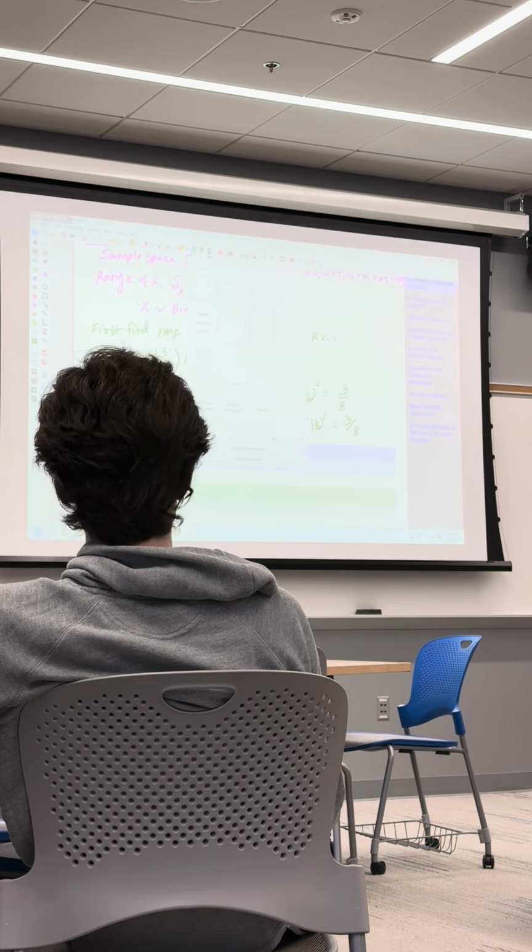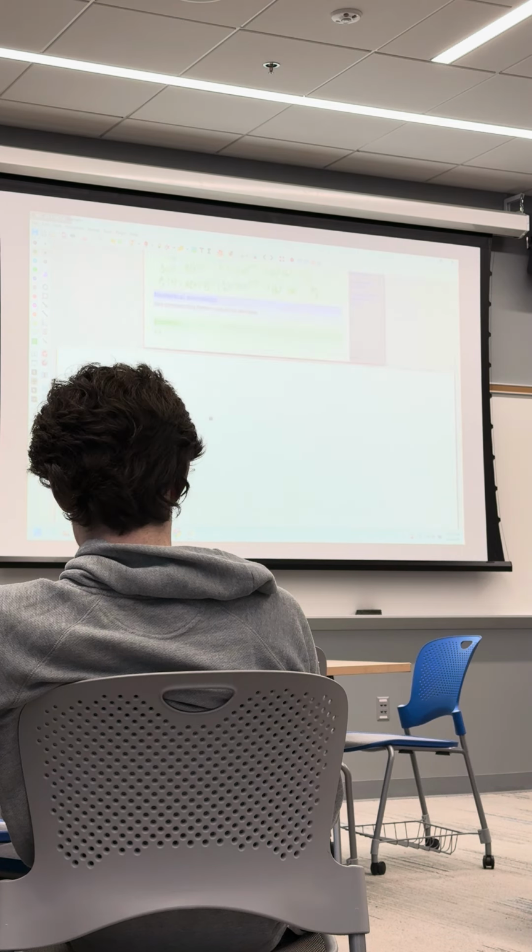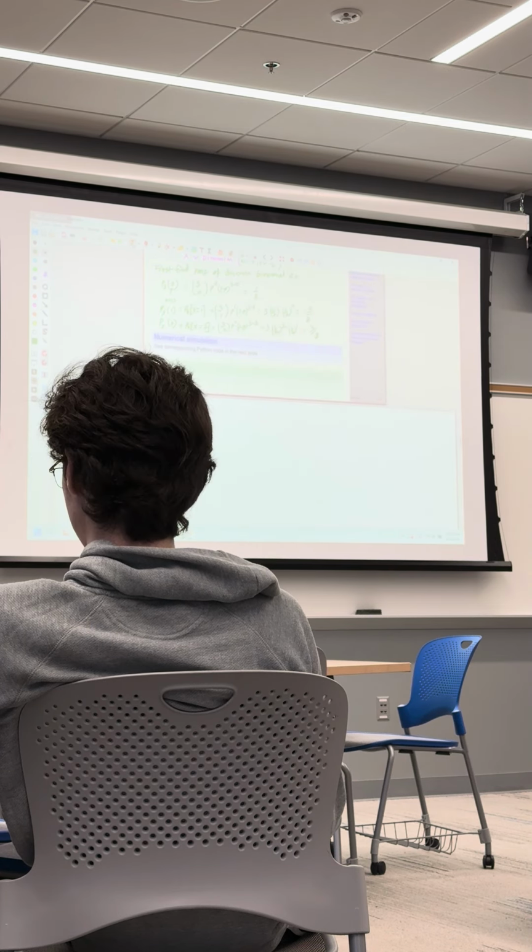And then I'm going to use another page. So the PMF of random variable X taking value 3 is, by definition, the probability that X takes value exactly 3.